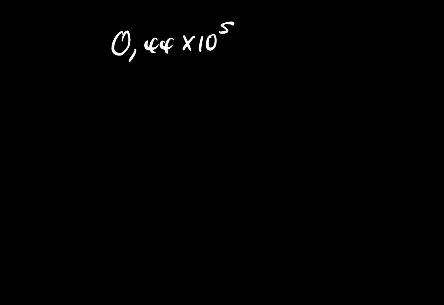I need to move to the right in order for me to have a number that is between 1 and 10. So now I'm going to come just right here. I'm going to have 4,4. I move to the right, okay? When I say multiply by 10 to the power, because I move to the right, I must subtract 1 from that power. That is going to be to the power of 4.